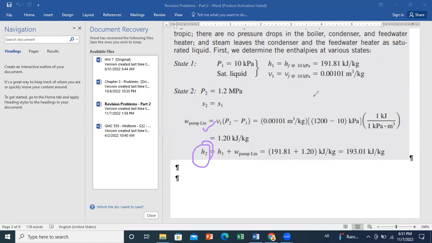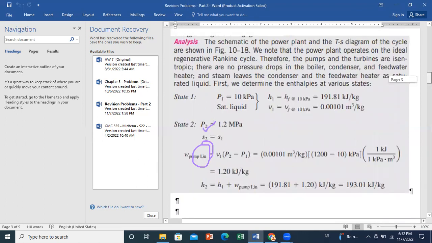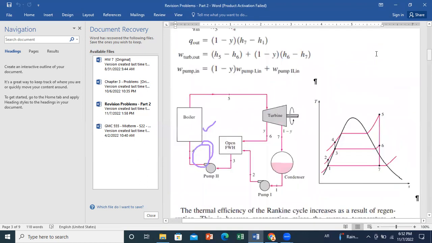If you don't have the table of the saturated liquid zone, we can use this one. Sometimes it's a saturated liquid at this level, but if you have supercooled liquid, point 2 is in the supercooled region.